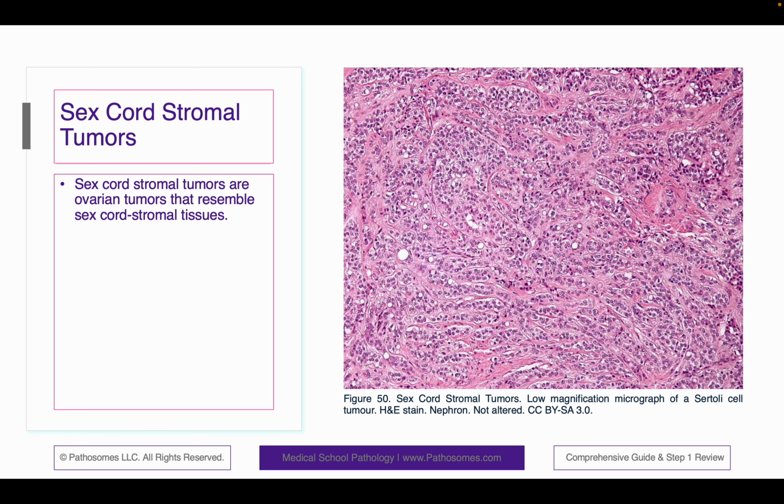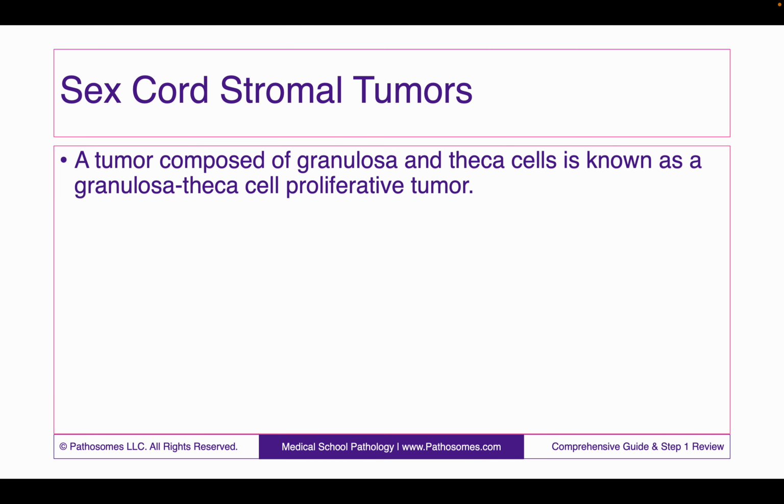Now let's talk about something that you'll likely see though. Sex cord stromal tumors. Sex cord stromal tumors are ovarian tumors that resemble sex cord stromal tissues. A tumor composed of granulosa and theca cells is known as a granulosa theca cell proliferative tumor.